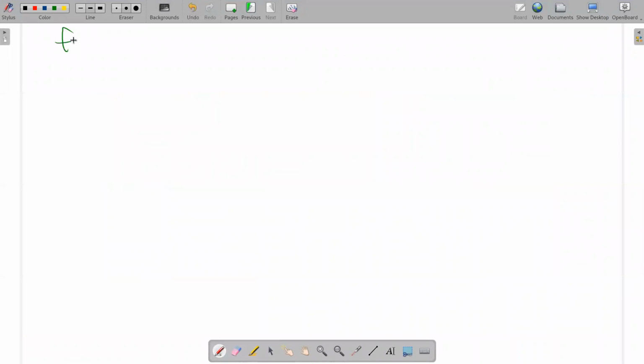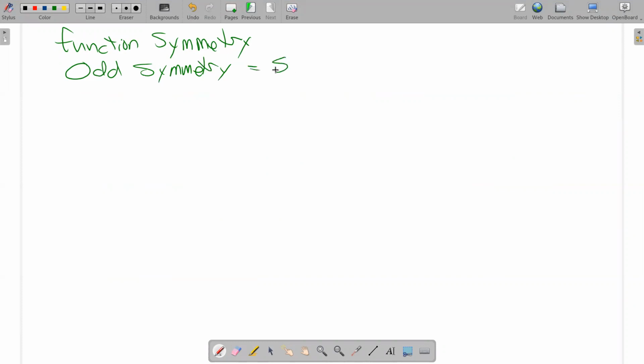So function symmetry. There's an idea you saw in a previous math class called odd symmetry. It's also symmetry through the origin.